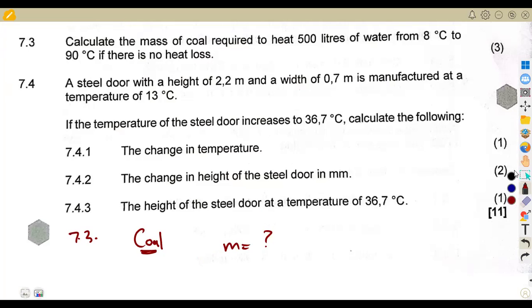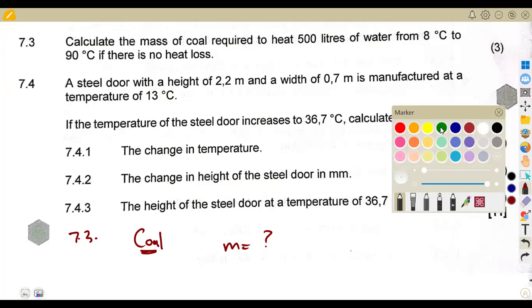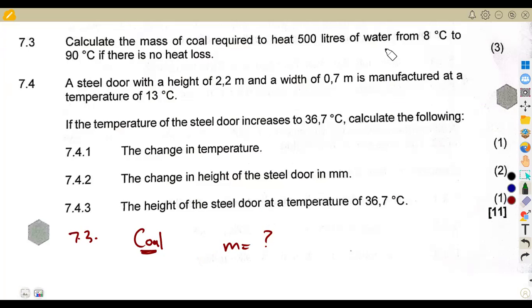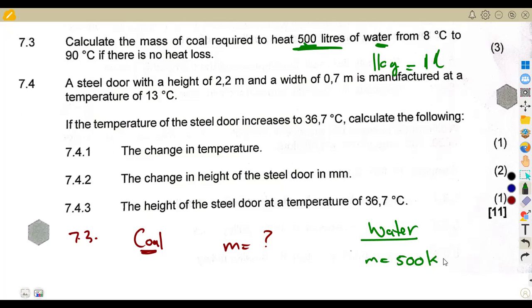Remember, whenever we are dealing with water, a kilogram of water is equal to 1 liter. So the 500 liters of water that we are given is the mass we have there, so it's going to be 500 kilograms.